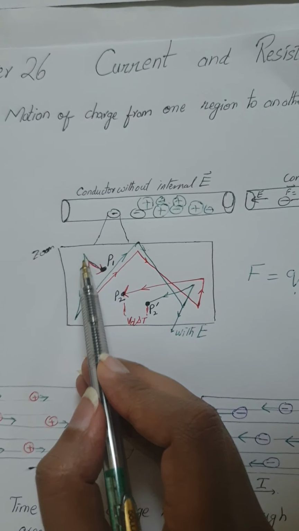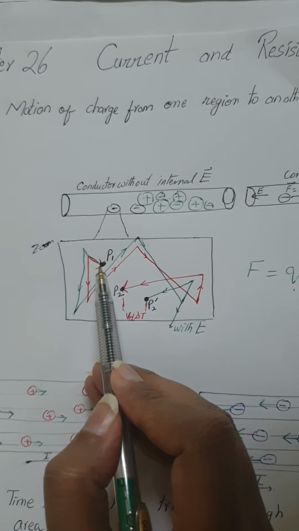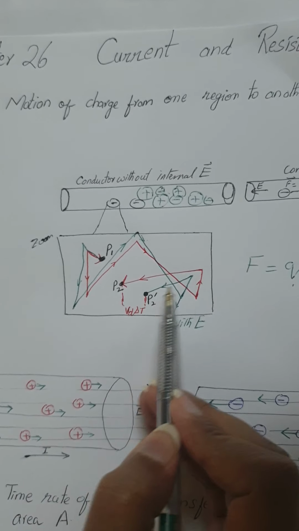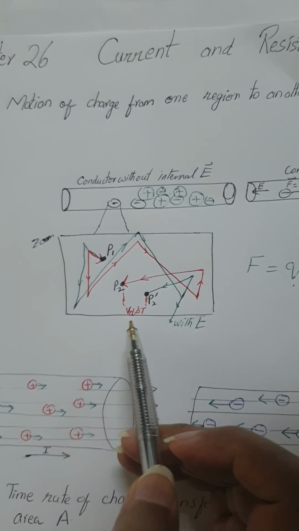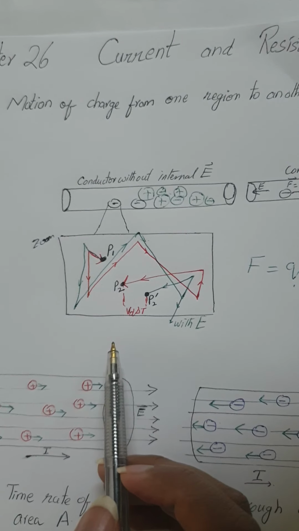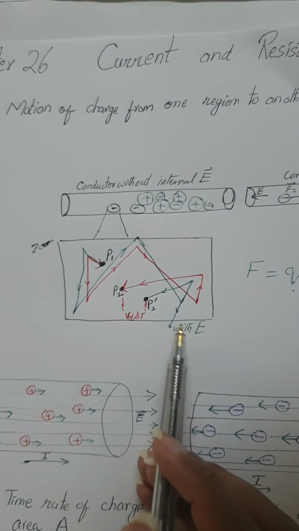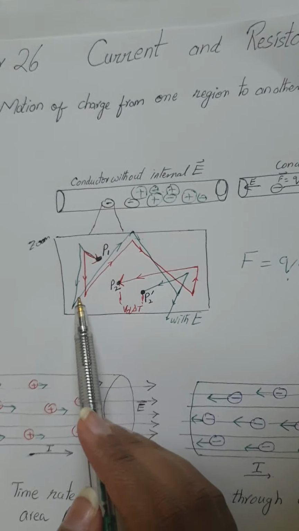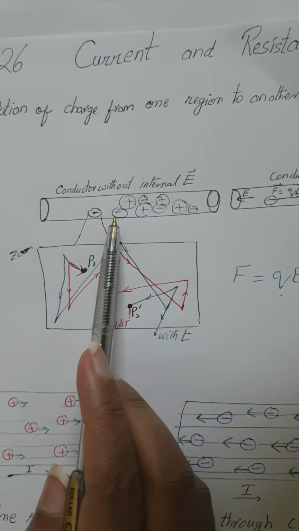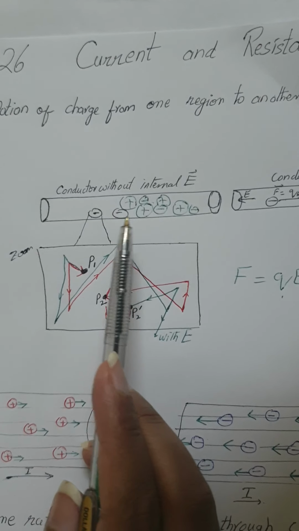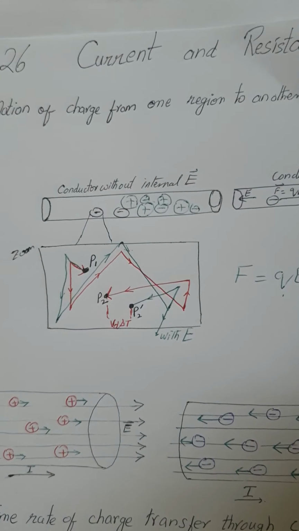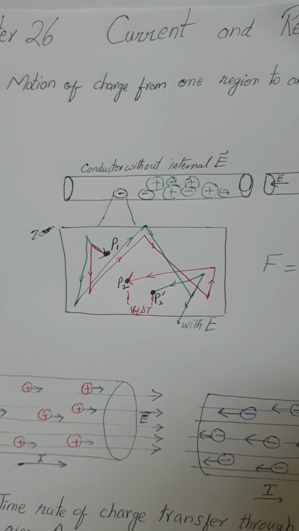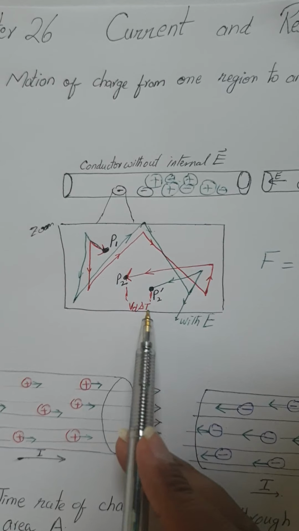So this is the path of the charged particle moving in a conductor in a random manner. Why is it random? Because a charged particle undergoes frequent collisions with the massive ions of the material. So in each collision, the particle's direction of motion undergoes a random change.